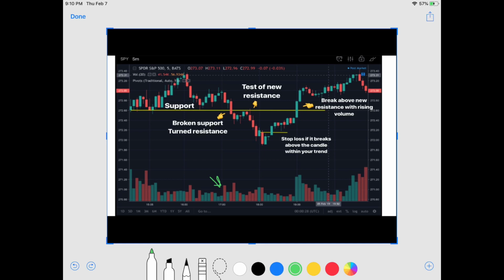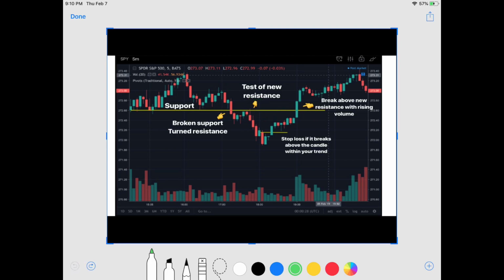So that signified low strength of a downtrend. Now notice it tested the new resistance. When it broke support, that line now becomes resistance, and it tested resistance right here, right? So bam, it kind of hit and then dropped back down.